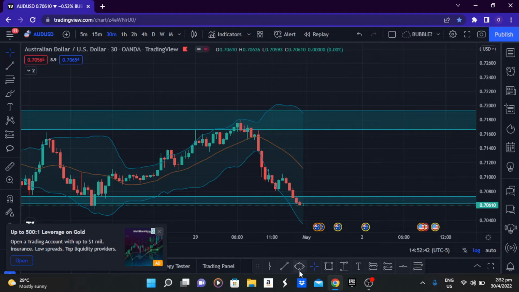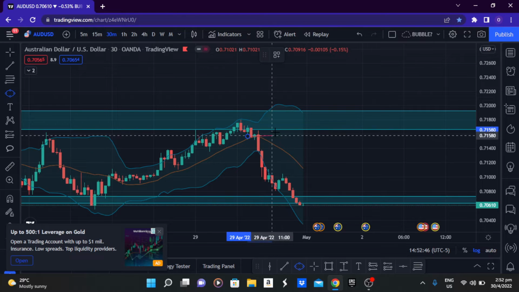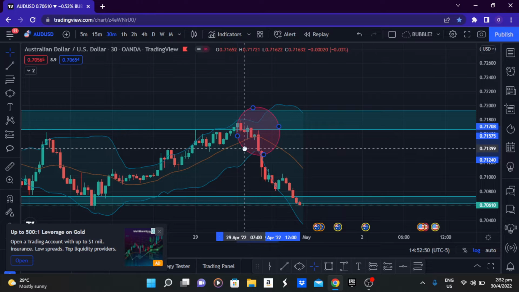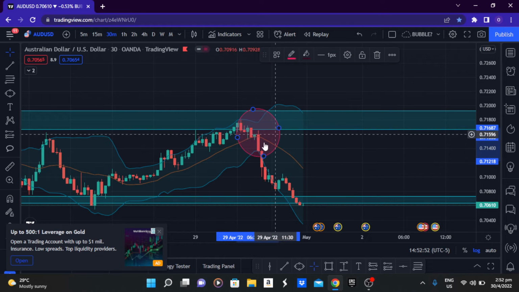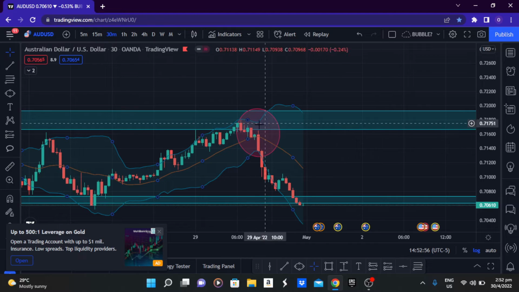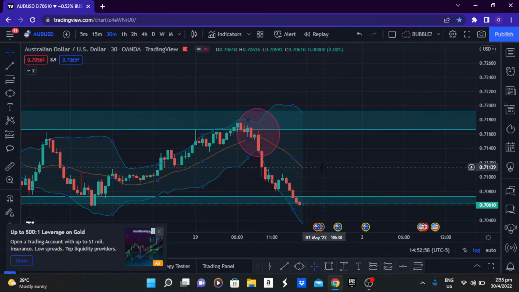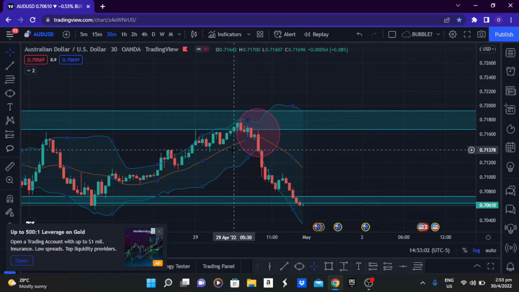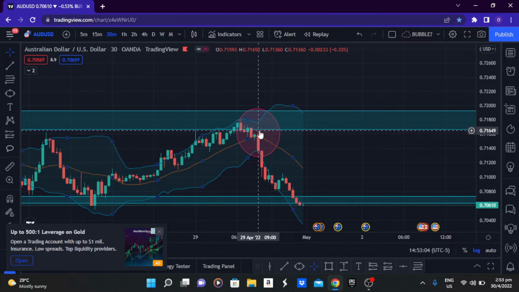All right, so in this area right here, we can see where price made a rejection to this level right here. And we can see where the SMA, the simple moving average, right here, this bearish candle actually broke below this candle here.